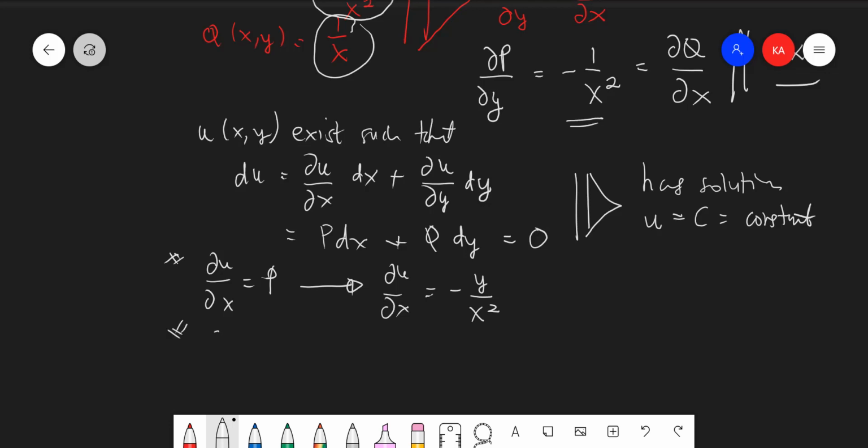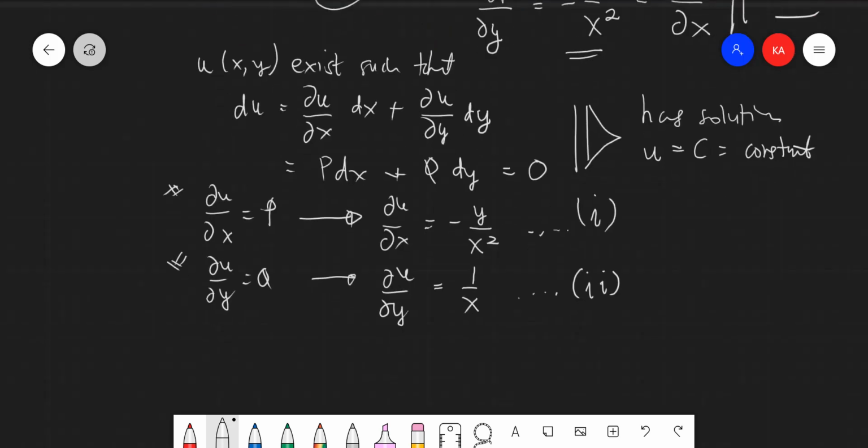And then the second, ∂u/∂y is equivalent to Q, where Q is 1 over x, so ∂u/∂y is equal to 1 over x. Okay, so we make the partial integration of these. We call this one I1 and this one I2.